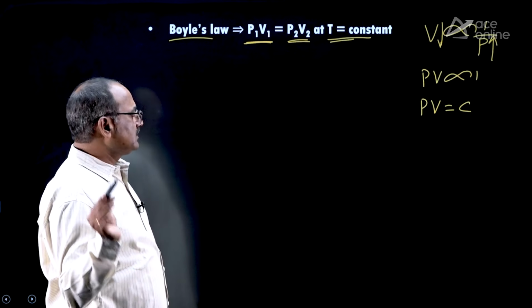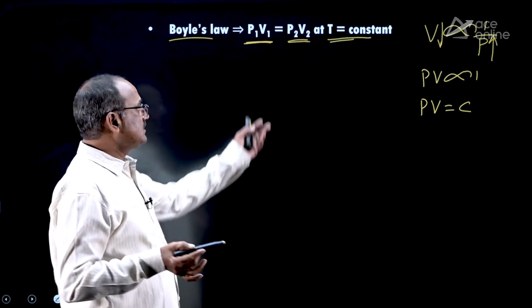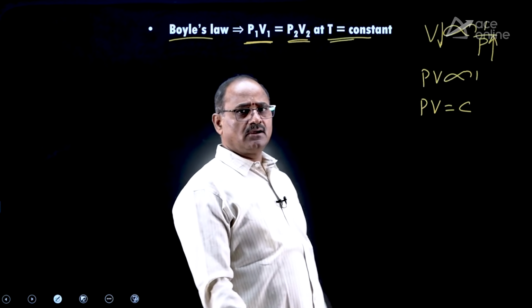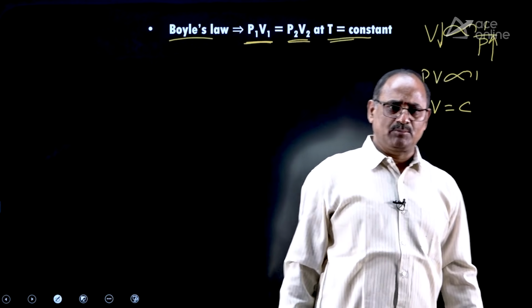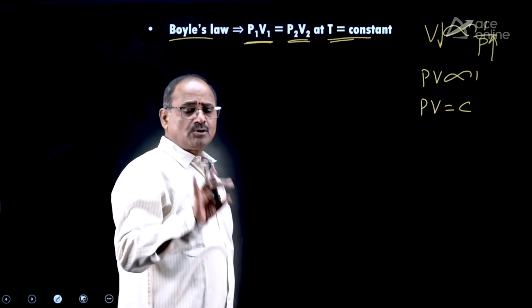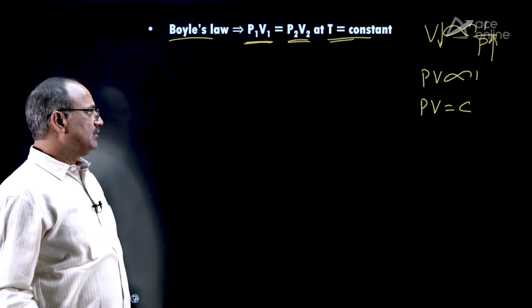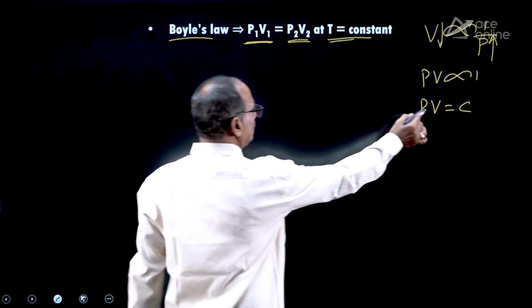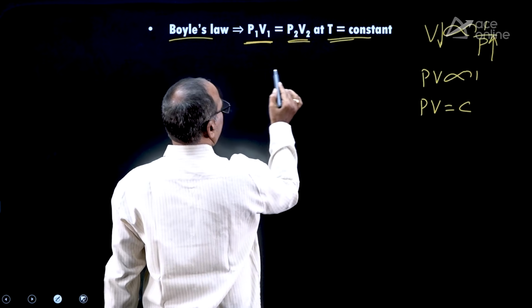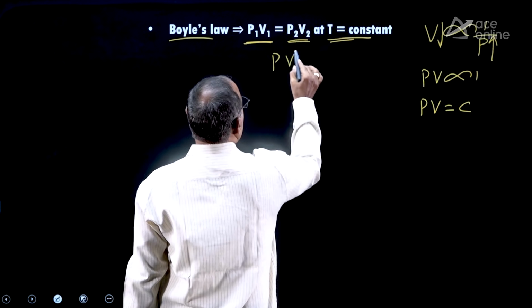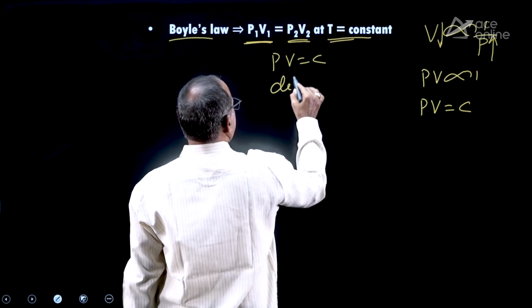If you want to know the slope of the isothermal curve, the constant temperature process, also called isothermal process or hyperbolic process, on a PV diagram, you differentiate PV equal to constant on both sides.